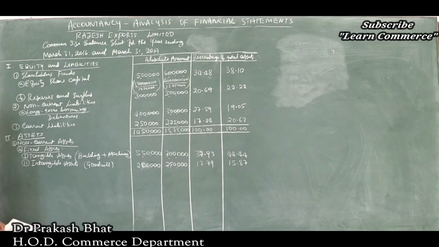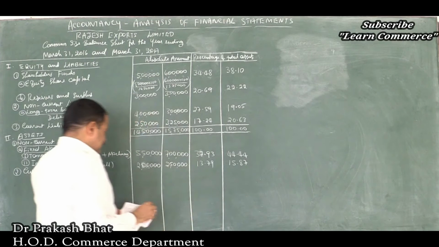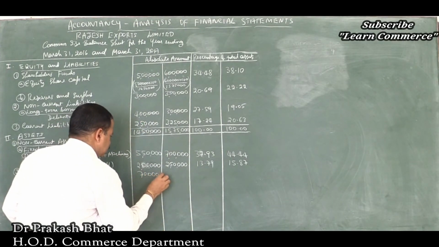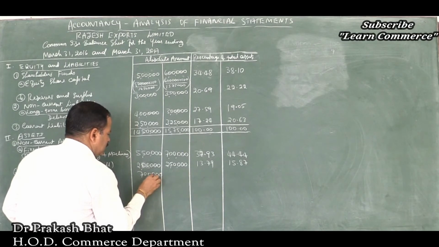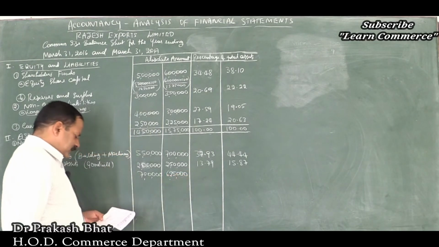Now, last one, that is current assets. Current assets, straight away given, 7 lakh and 6 lakh 25,000. Right?